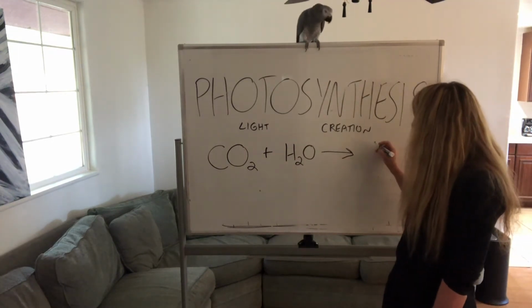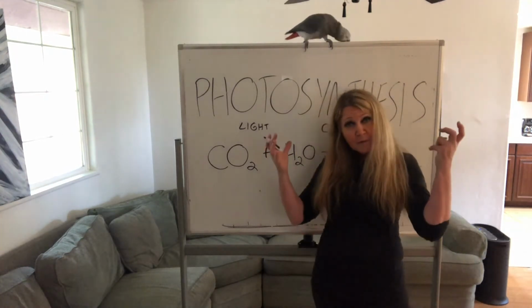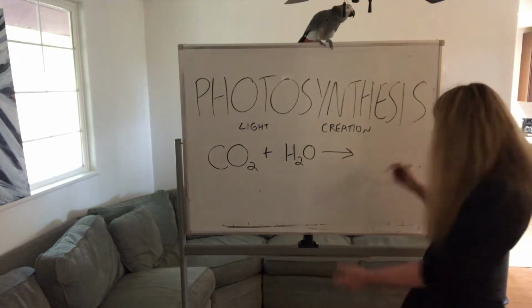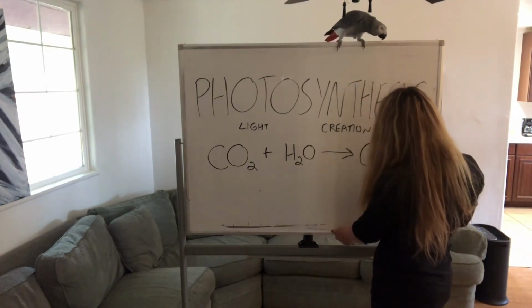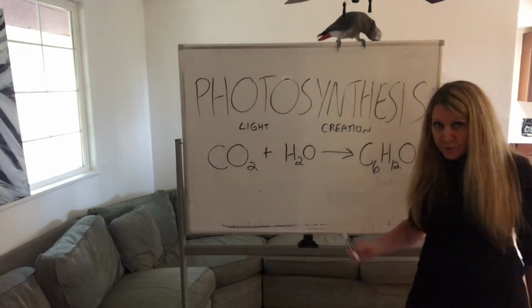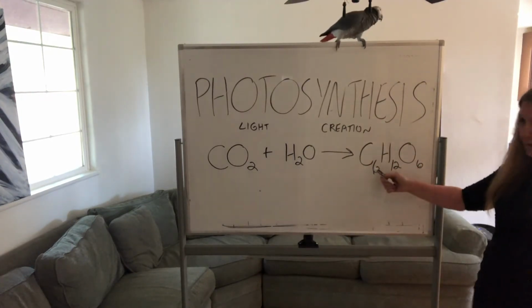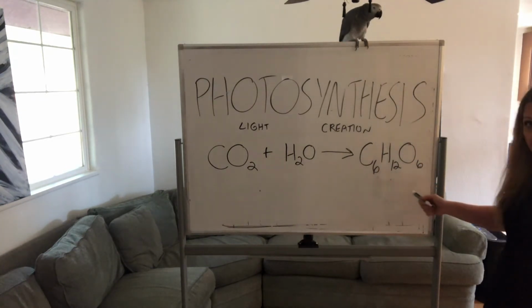The main thing that's produced is sugar in the form of glucose. Glucose is C6H12O6. You should know this. This is the formula for glucose. Glucose is a sugar.